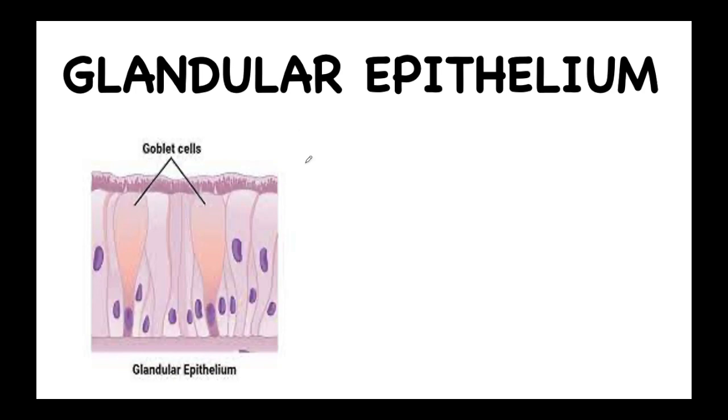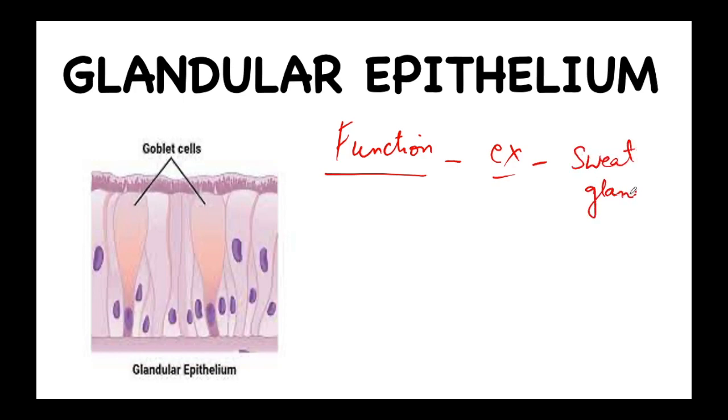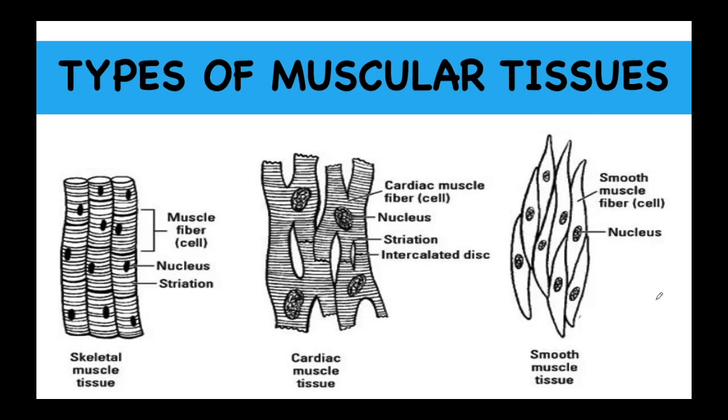Now come to the function of this epithelium. This epithelium forms tubular glands after infolding. Examples of such epithelium are sweat gland, tear gland, liver, etc.